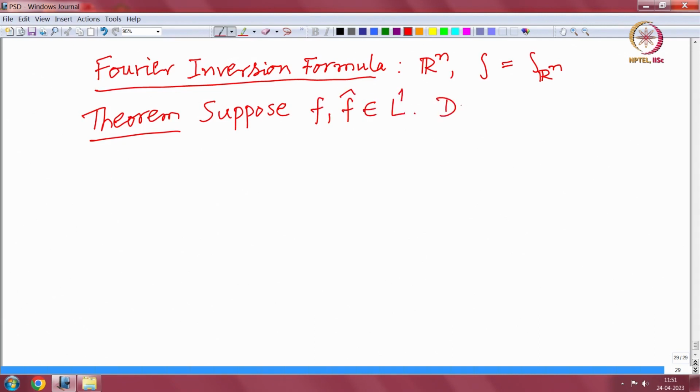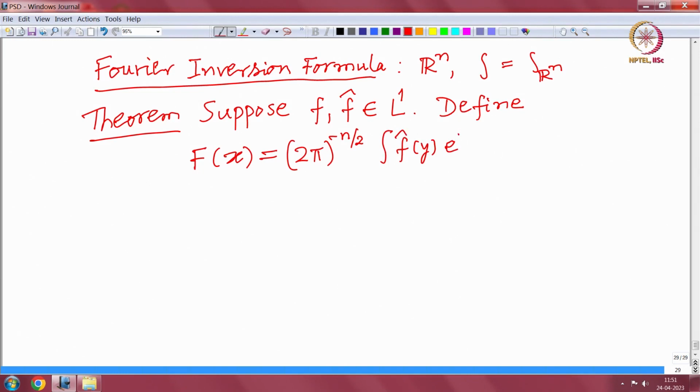Okay. So, once f cap is in L1, we can define this integral: (2 pi) to the minus n by 2, integral f cap y e to the i x dot y dy. So, it slightly differs from the Fourier transform.